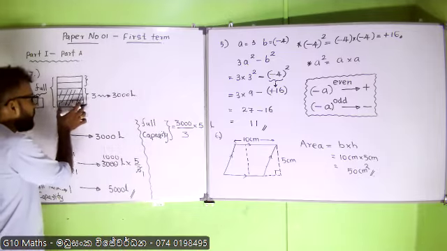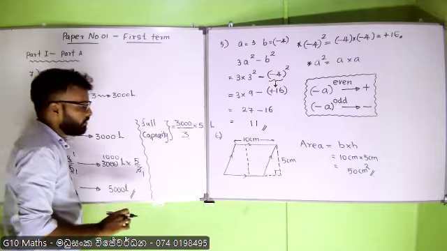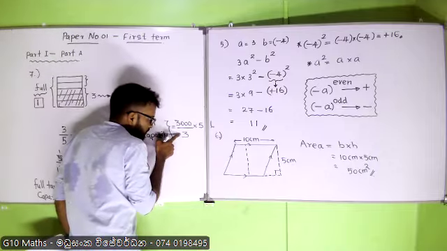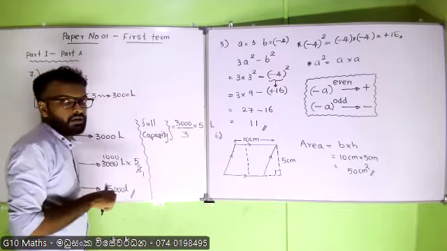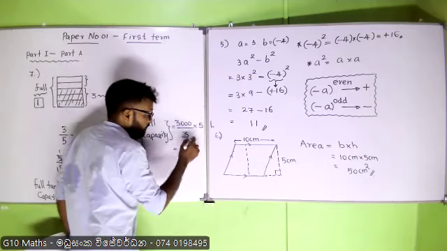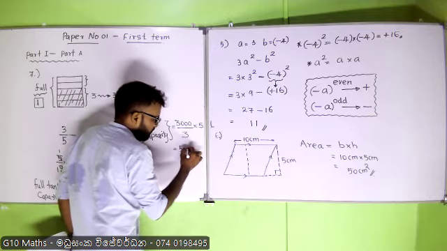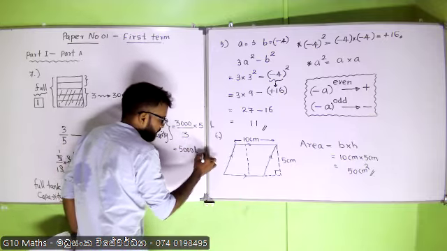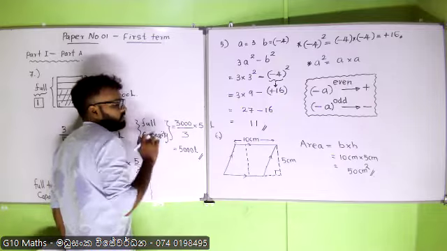We need to find the capacity for 5 parts: 1, 2, 3, 4, 5 parts. For 3 parts we are referring to 3000 liters. Then how much for 5 parts? So the same answer will be taken, 5000 liters.